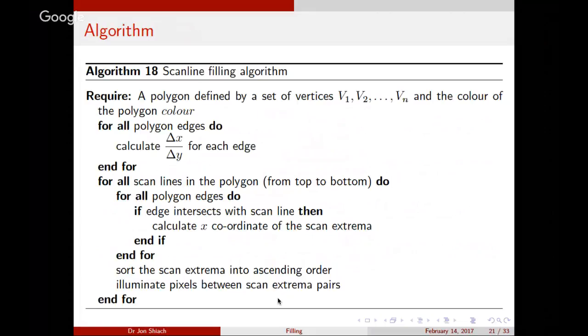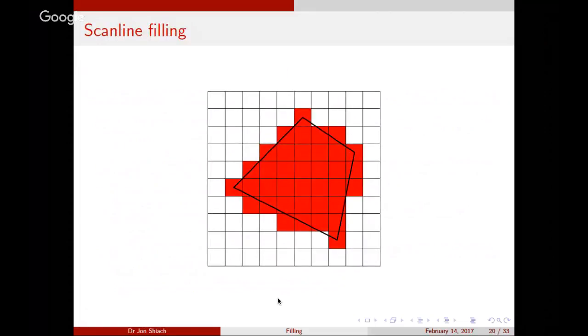So we calculate delta x over delta y. The reason we do that is because these don't change. As I go down this edge, the delta x divided by delta y does not change all along this edge. It's constant because it's a straight line.